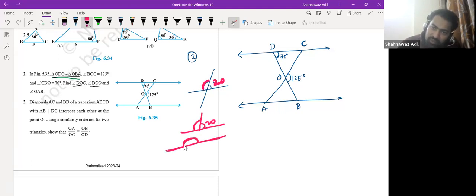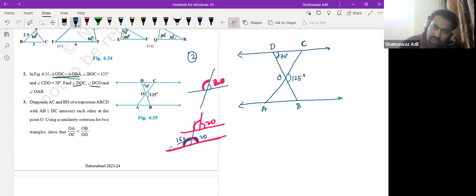That is 180, right? And you are making this angle, let's say 20. So this would be 180 minus 20, linear pair. These are linear pairs, right? This would be 160.